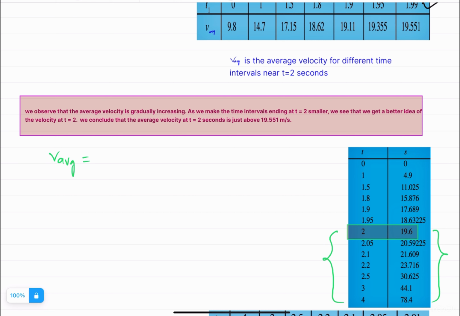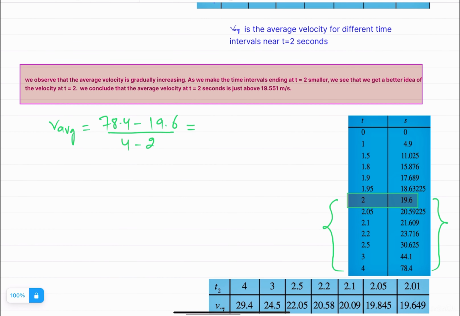Distance traveled is change in distance. That is 78.4 minus 19.6 divided by 4 minus 2. If we compute it, it will be 29.4 meters per second. Okay, we're approaching 2 from the upper side.